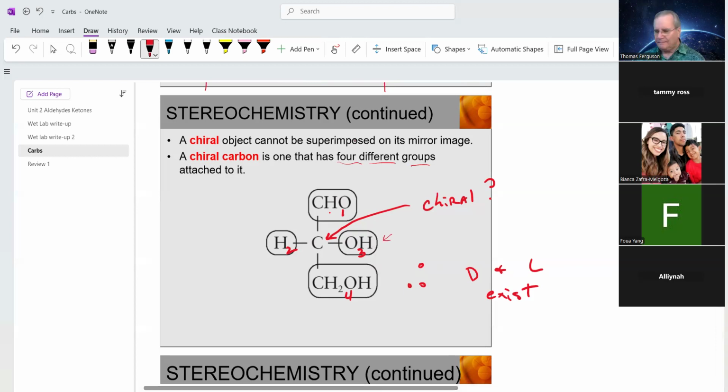Now you can have more than one chiral carbon in a molecule. This was a question on an MCAT test I was helping a student with a long time ago, and it specifically asked about chiral carbons. I don't know if it's still there or not, but I know the version I was helping with did.